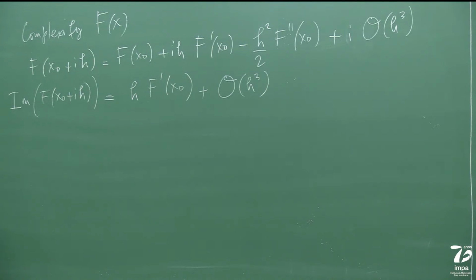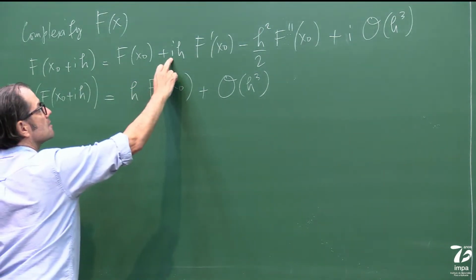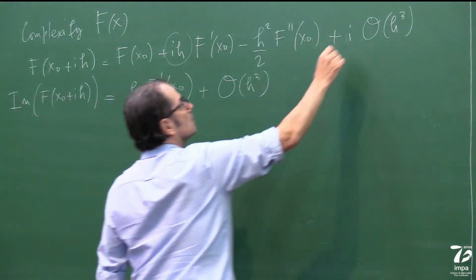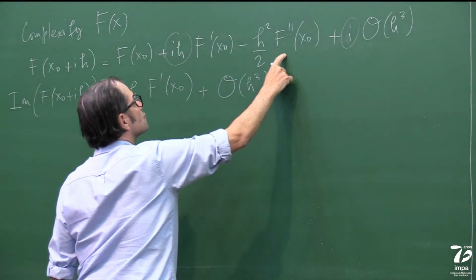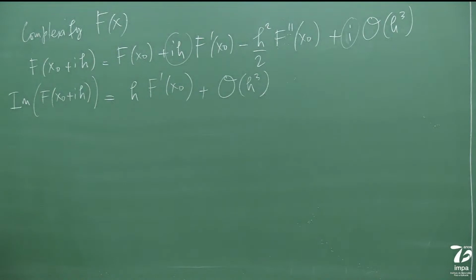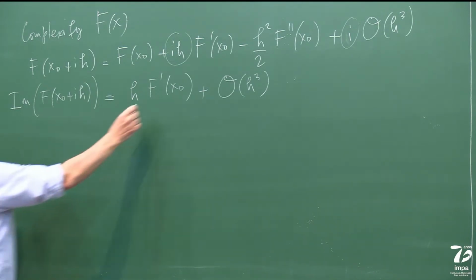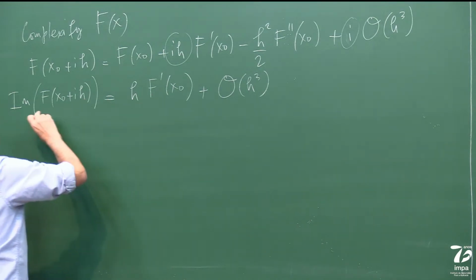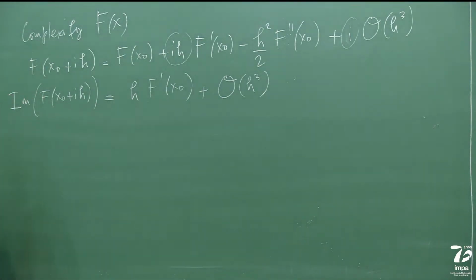Correct? Because the imaginary part is this guy has an i. This guy has an i. I don't see this guy. I don't see that guy if I just take the imaginary part. And then that's the formula that's over here, right? You take this, equals this divided by this, it's order h squared. Agree?